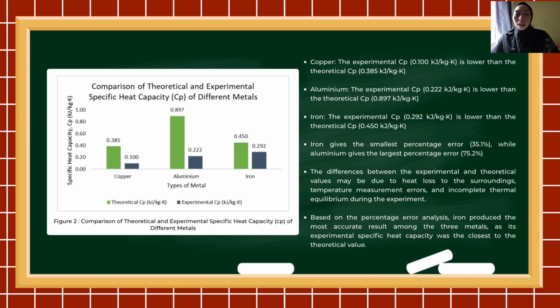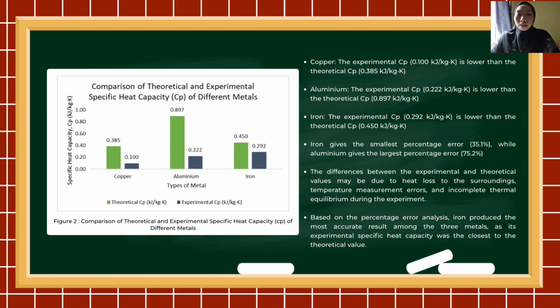As for aluminium, the experimental Cp is 0.222, lower than the theoretical Cp, which is 0.897. For the iron, the experimental Cp is 0.292, lower than the theoretical Cp, which is 0.45.